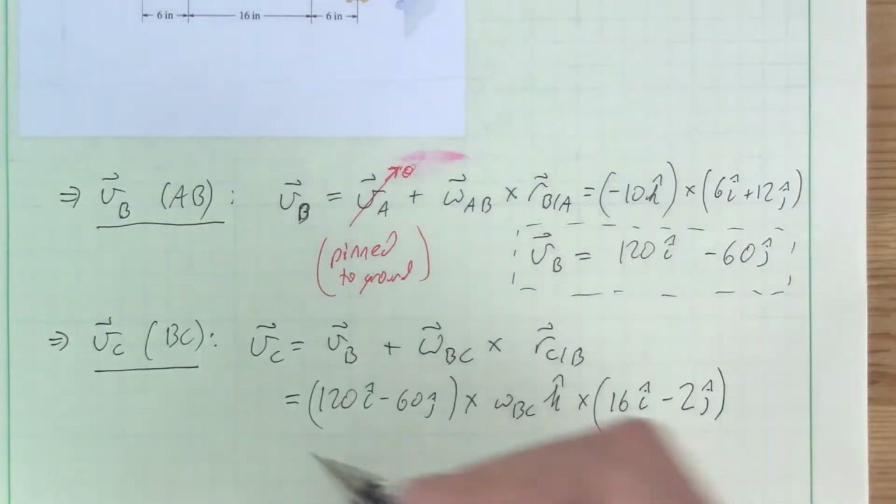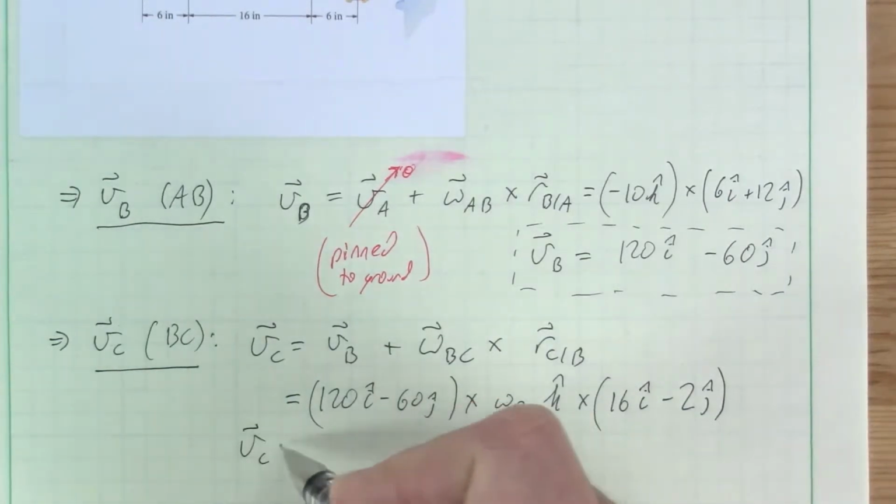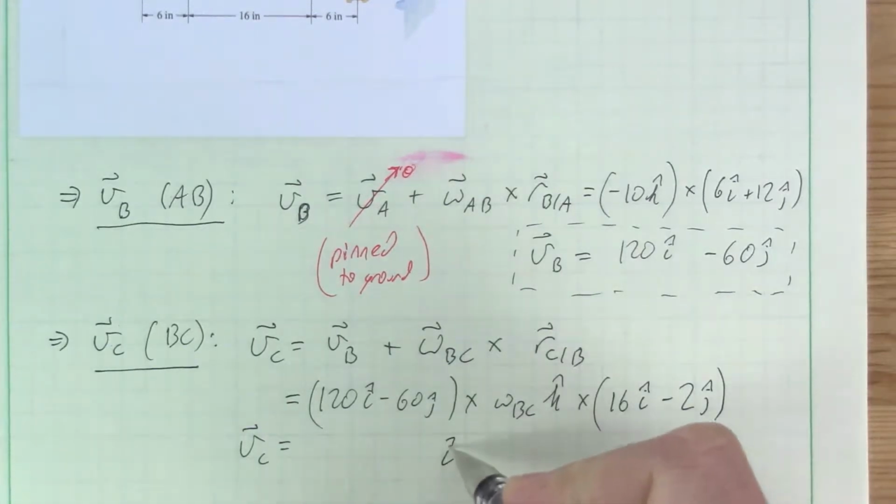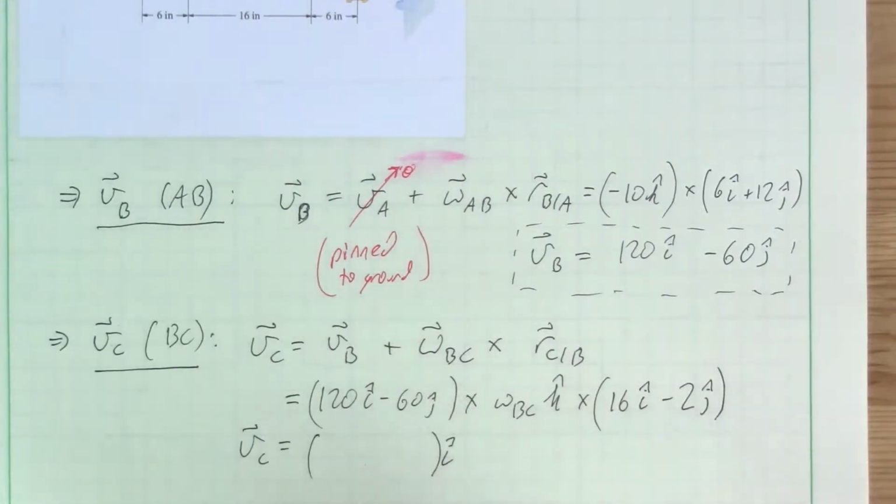Okay, so then our VC is going to be, let's see, where do we get the i hats? That's going to be the 120 i hat, and then the k cross j hat gives you a negative i hat, but then that's negative there.